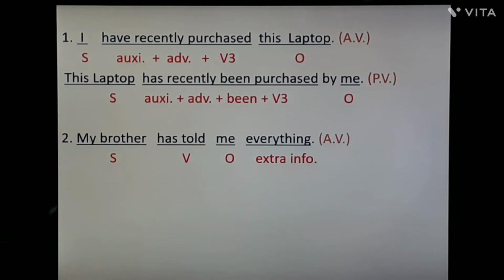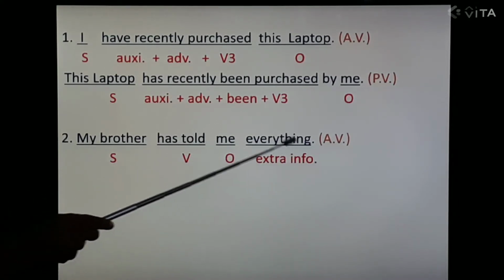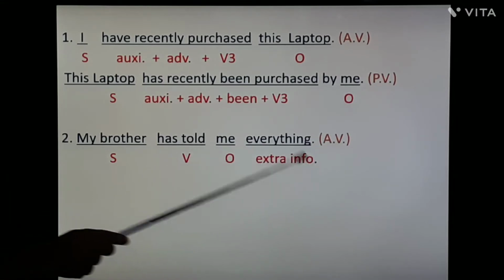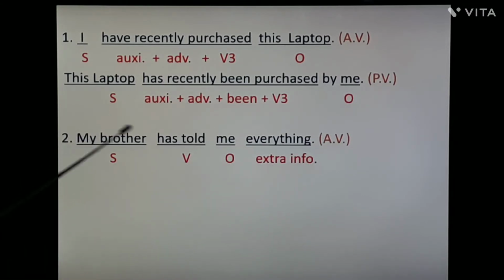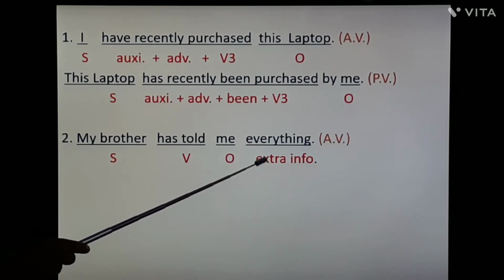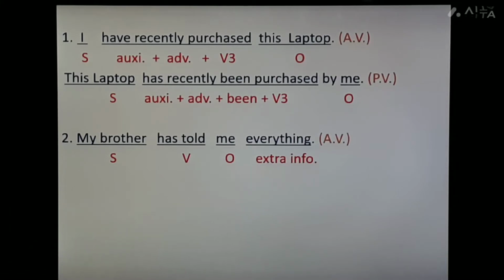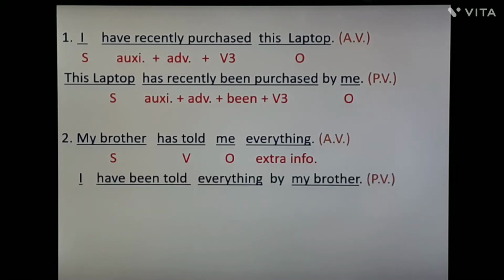Next, my brother has told me everything. Here this is active voice. Subject, my brother, verb, has told, me that is an object, and everything that is an extra information. Okay, let's turn this active into passive.